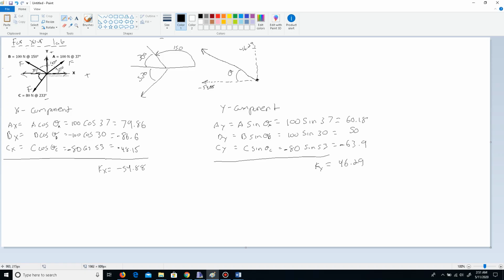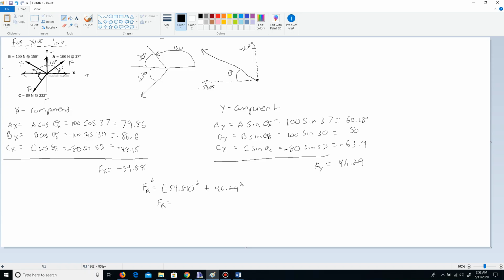Alright, so how do we find it? Well, just a couple more steps. A resultant F, which I'm going to call Fr, is going to be that squared equals negative 54.88 squared plus 46.29 squared.